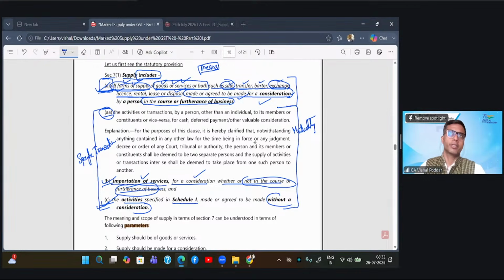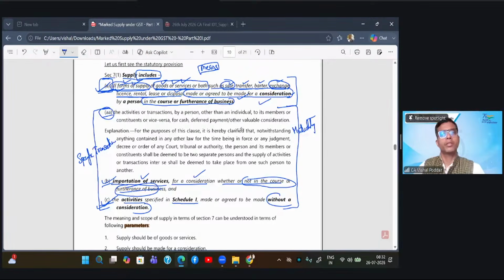Hence, that service will not be liable to GST. This was the decision because there is no supply, because for supply you require two separate persons, and an unincorporated club and its members are one and the same person.